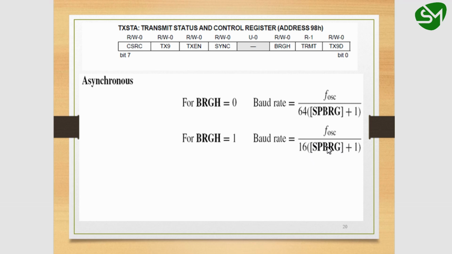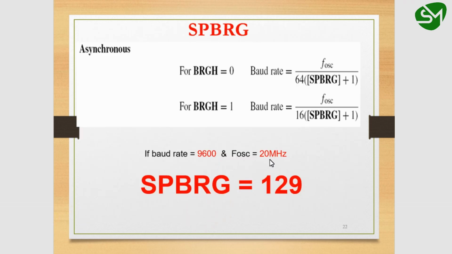I am going to set the baud rate to 9600, and F oscillator is nothing but the system clock, that is 20 MHz. So we can easily find the SPBRG using this formula. Putting these values together, baud rate 9600 and F oscillator 20 MHz, we get the SPBRG value as 129. Remember, if you set BRGH to 0, you must use 64 in place of 16.